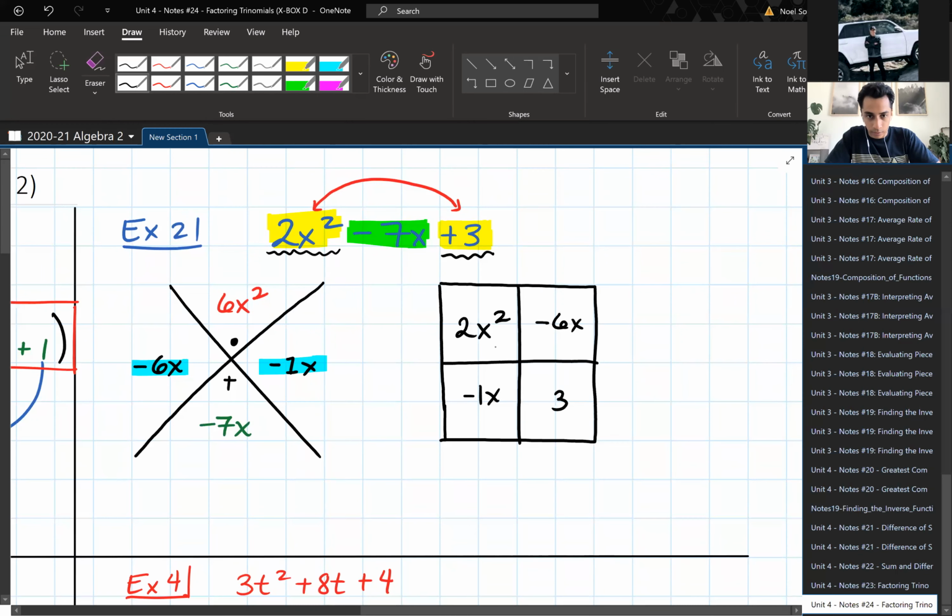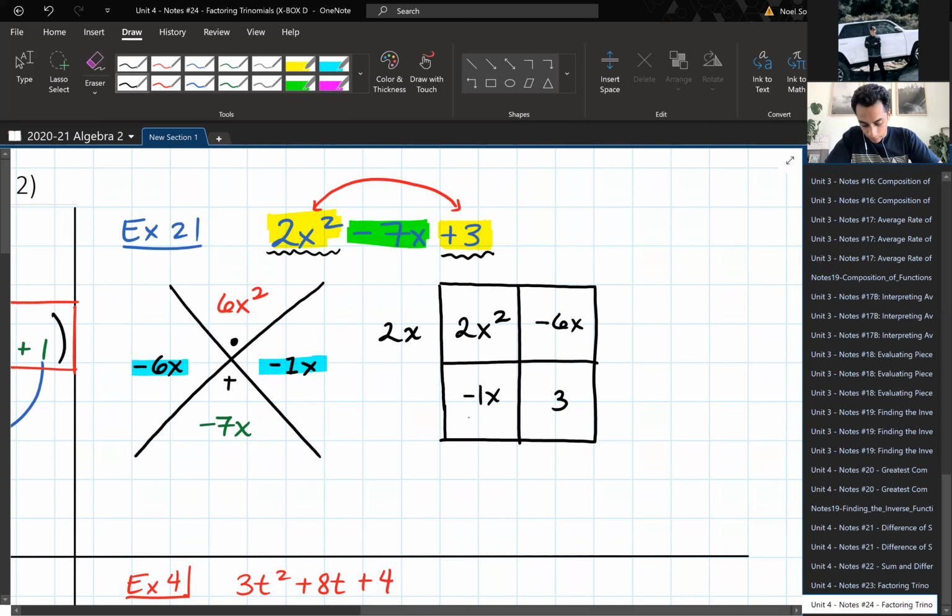Right here, these two terms. What's the GCF? 2 is part of it. What else do they both have in common? Yeah, 2x. Okay. Now, it's not negative 2x that they have in common, because the leading term is a 2, right? The leading term is that first 2x squared. So since that's a positive 2, I don't want to factor out a negative. Okay, there's no need to.